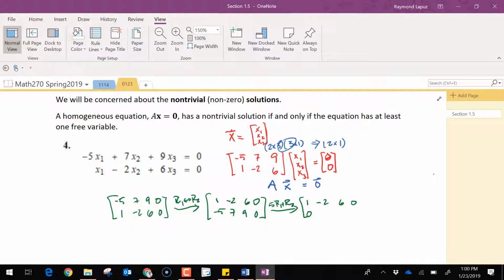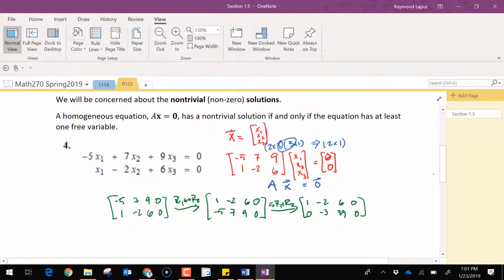So 5 times negative 2 is negative 10, plus 7 is negative 3. 5 times 6 is 30, plus 9 is 39. And the last column doesn't change. I could multiply the bottom row by negative 1/3 also to make it look a little nicer, but I think it's fine right here. So this is already in row echelon form.